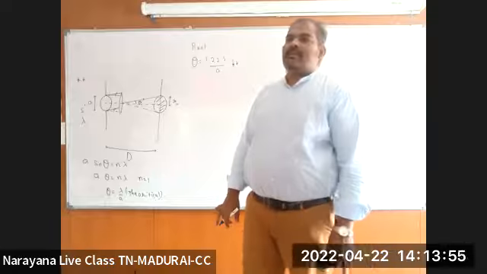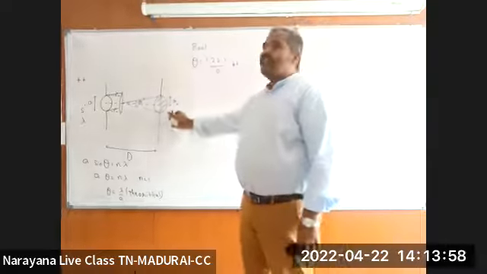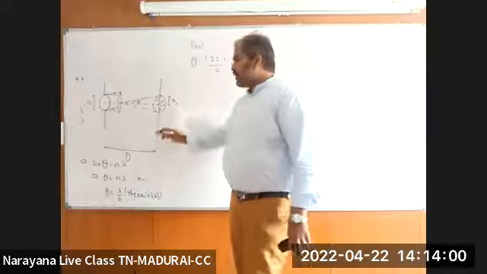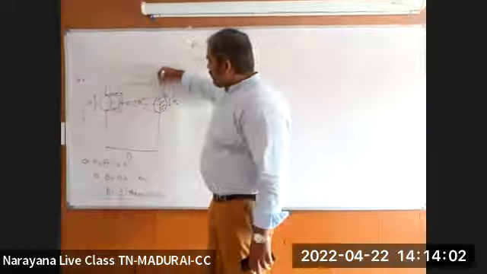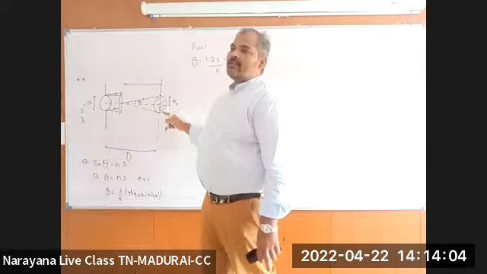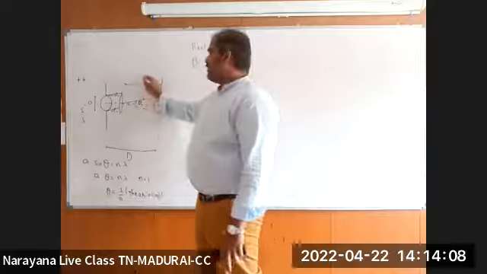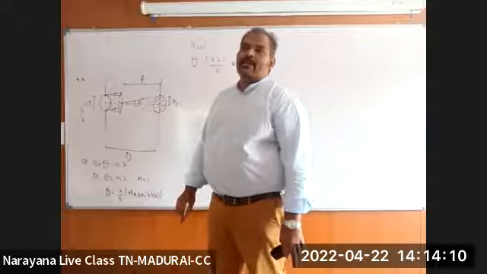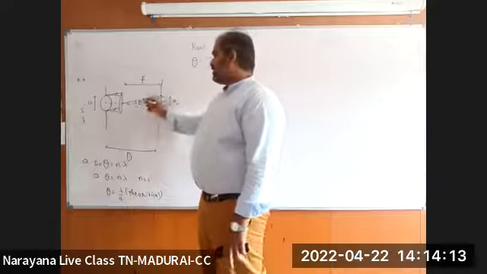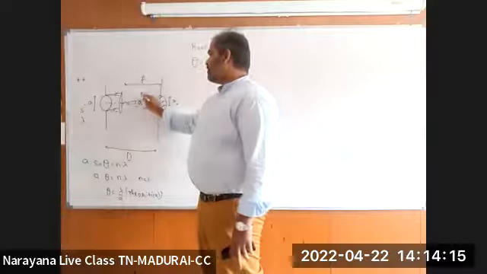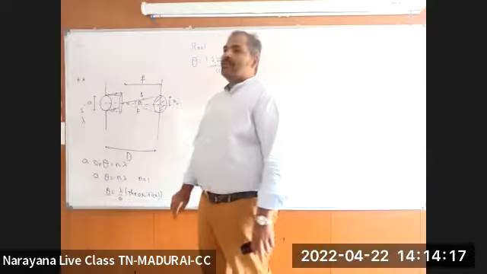You are not extracting. To obtain a well-defined diffraction pattern, you have to keep the screen exactly at the point of focus. I mean, the screen must be at the focal point of this convex lens. So it should be focal length f meter. This distance is f, and this distance is also f meter.